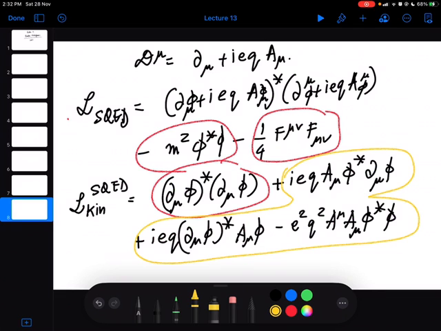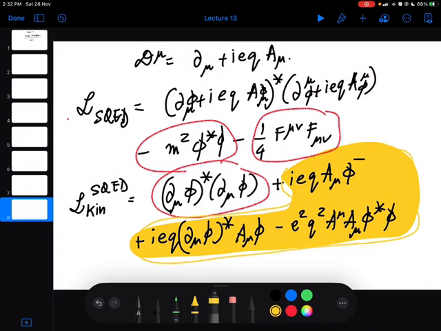Then you consider the scalar field theory, make it gauge local, and it automatically gives you electromagnetic theory, and it also gives you the interactions between the particle and the photon field.